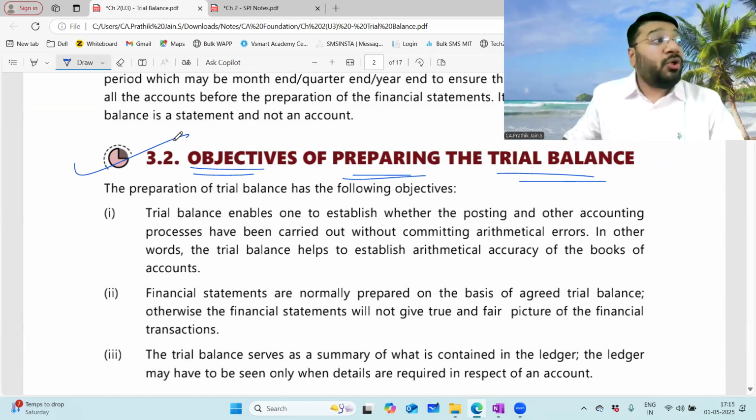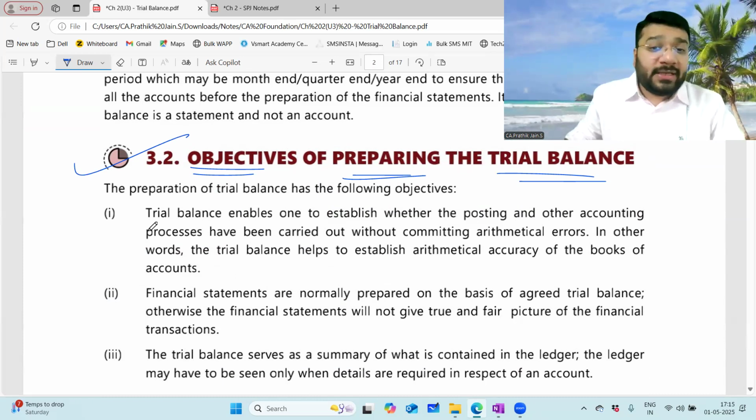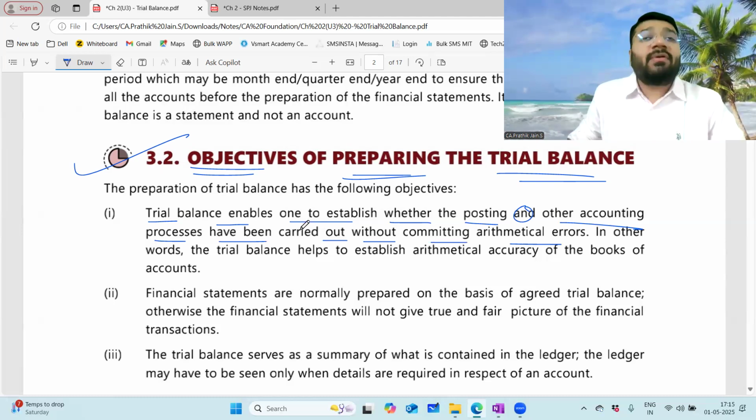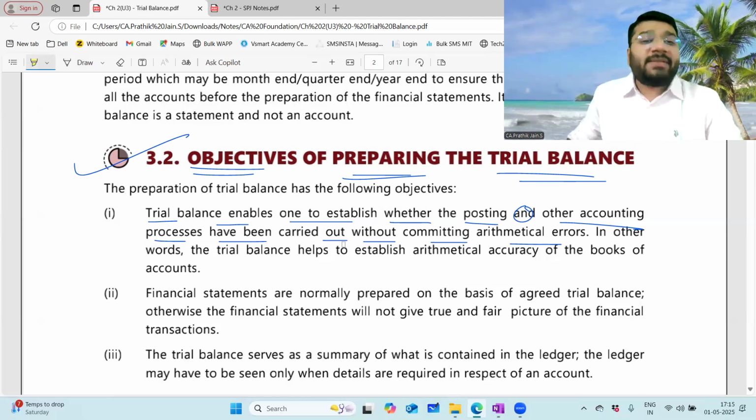When I say memorize, don't memorize the entire theory. Understand what the important line is. For example, trial balance enables one to establish whether the posting and other accounting process have been carried out without committing arithmetical errors. In this line, you have to understand which are the keywords to remember. What is this line emphasizing?